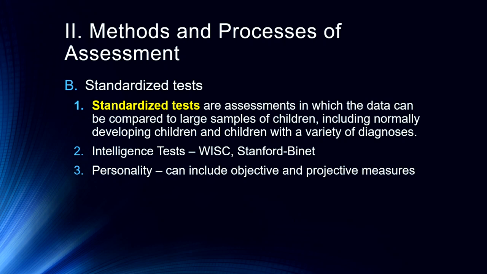Objective measures are going to include things like the NEO, which stands for neuroticism, extroversion, and openness to experience. Projective measures will include things like the Thematic Apperception Test, the House-Person-Tree test, or the Rorschach. The Rorschach is certainly used, whether it should be or not.